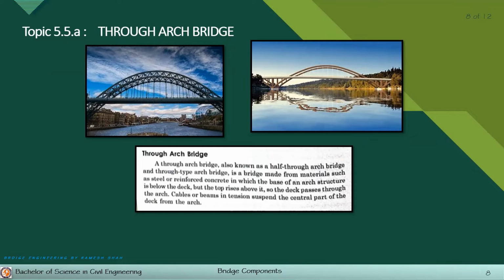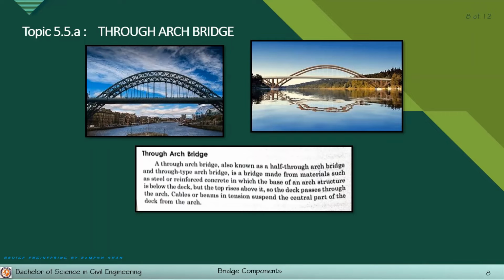So the deck passes through the arch. Cables or beams in tension suspend the central part of the deck from the arch.